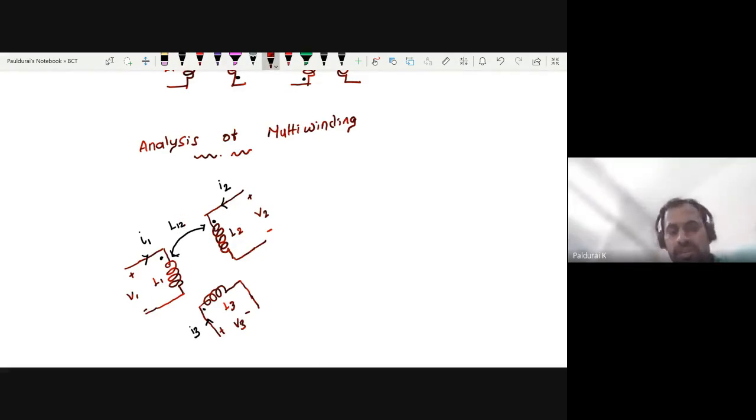Okay. And between these two, so this is between 2 and 3, L23. Okay. And between these two, this is between L31. Okay. Or otherwise this L12 is equal to L21, right?